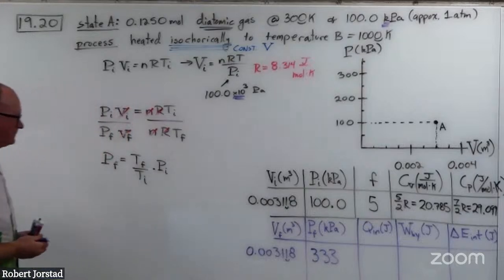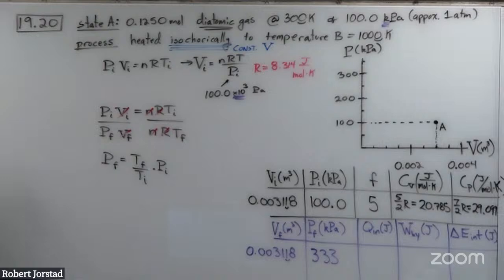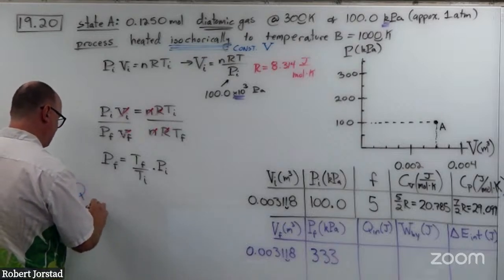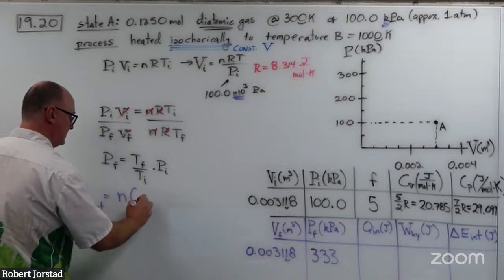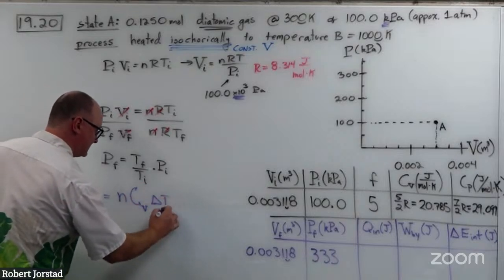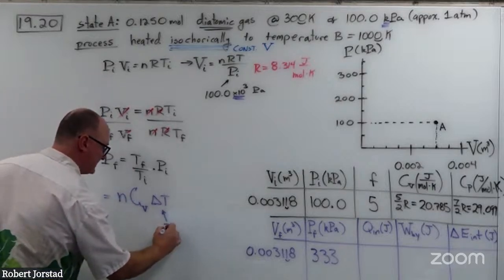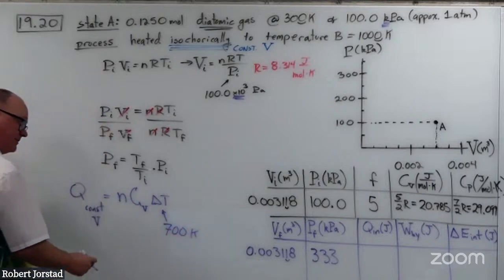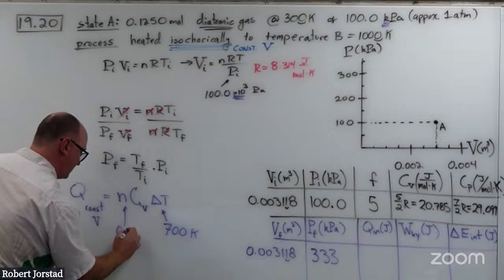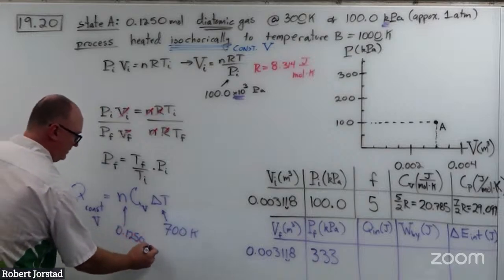All right. Q in. How am I going to get Q in this problem? Well, I know Q for a constant volume process is n Cv delta T. Delta T, the change in temperature, is 700 Kelvin. n is 0.1250 mole.